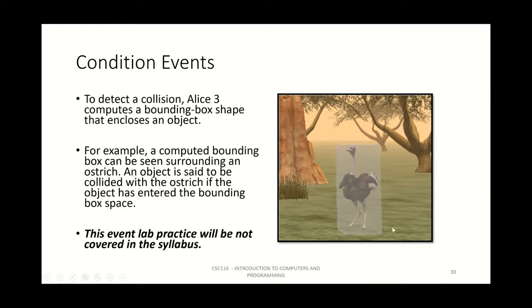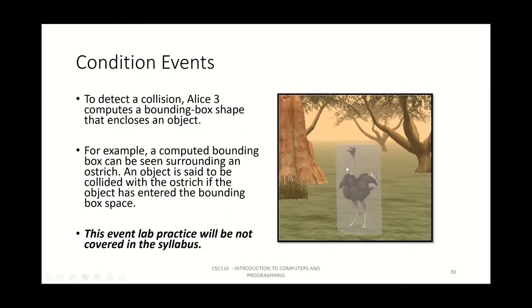For example, we have the object ostrich here. So you can see here we have a computed bounding box surrounding the ostrich. An object is said to collide with the ostrich if the object has entered the bounding box space. So that is how Alice 3 will detect the collision.